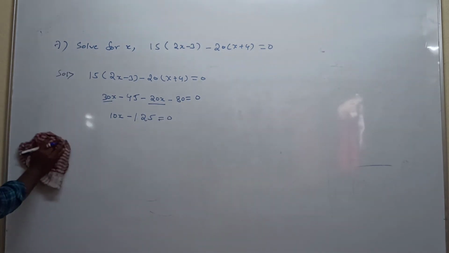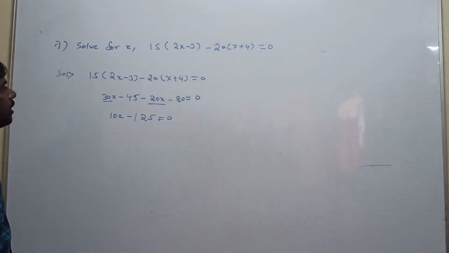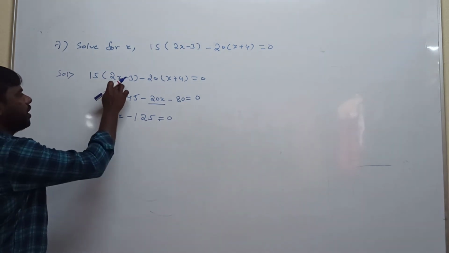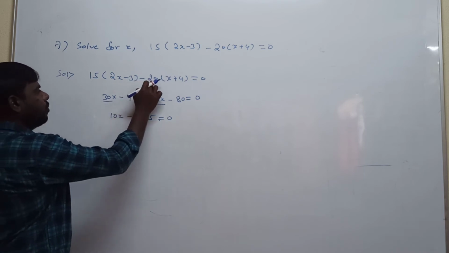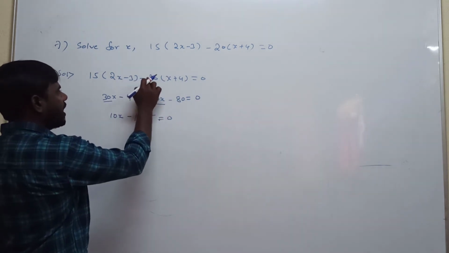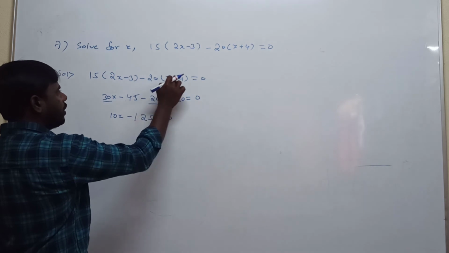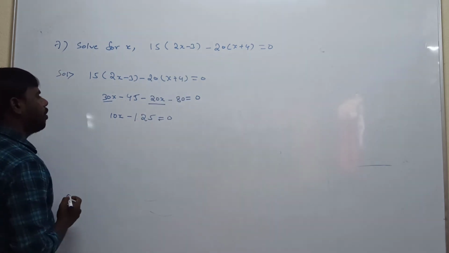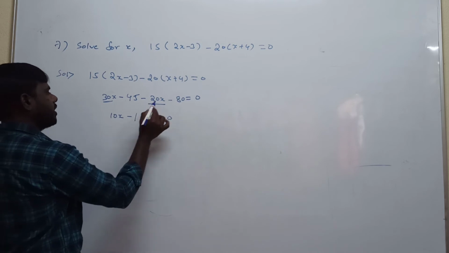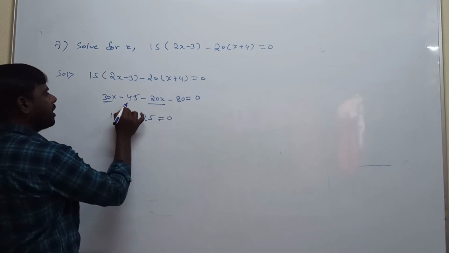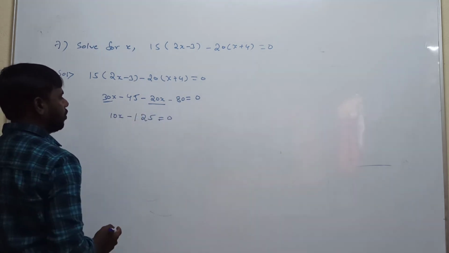So, to simplify the LHS: 15 into 2x is 30x, minus 15 into 3 is 45, minus 20 into x is minus 20x, minus into plus is a minus, 20 into 4 is 80, is equal to 0. Now we add the x variables: plus 30x minus 20x is plus 10x, minus 45 minus 80 is minus 125.